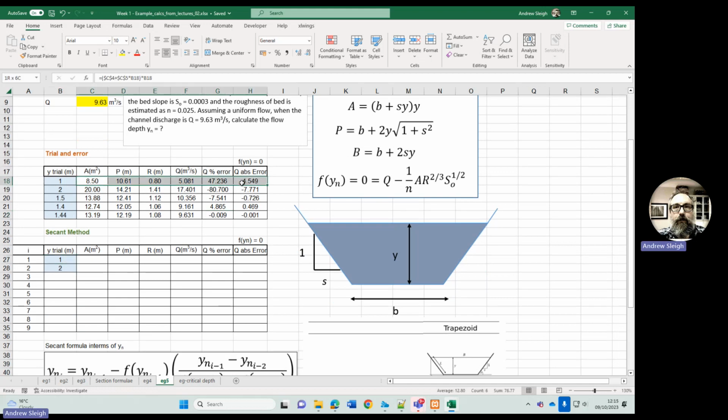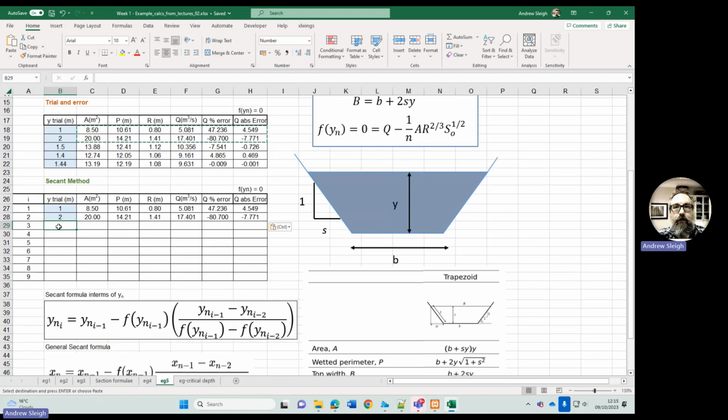Let's do it with the secant method, or we can copy this first two, put them into here, we'll guess the 1 and 2. Those two numbers are the same, so our formulas are right. We can put in here our secant formula. I'm going to type it in again because our table is slightly different to previously, or even if it's not, it's good to put it in again.